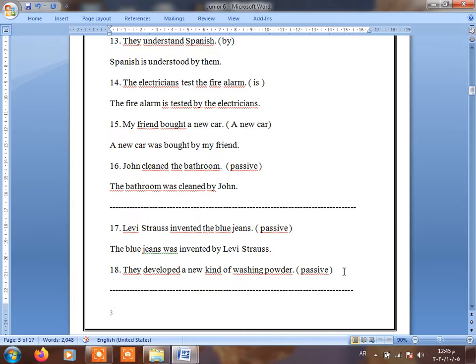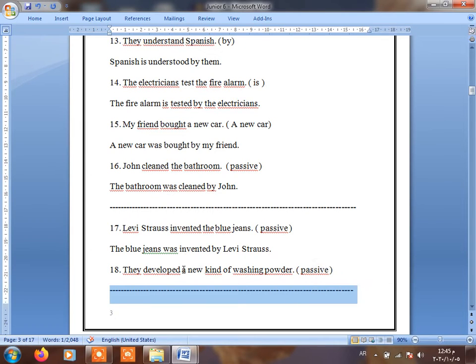Okay, number 18. They developed a new kind of washing powder. So I want to change this sentence to the passive, and this sentence is written in the past simple. So "they" is the subject, "developed" is the verb, and "a new kind of washing powder" is my object.